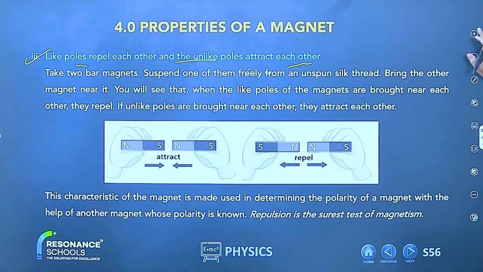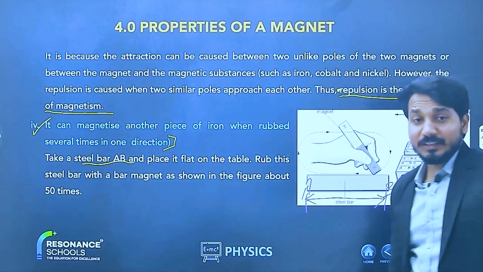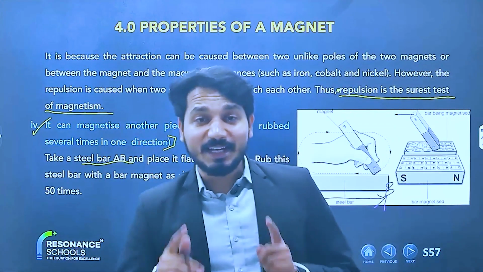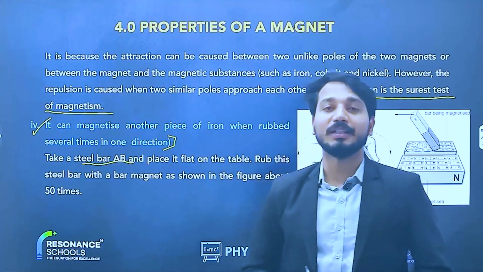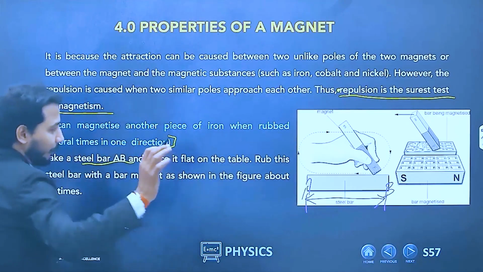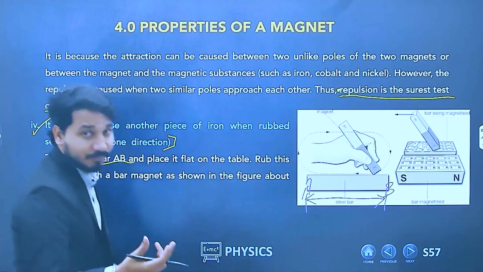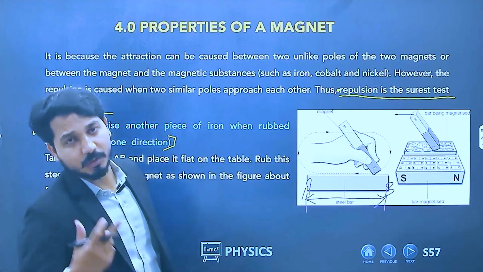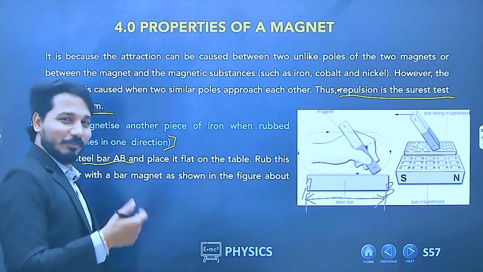So, the fourth property: it can magnetize another piece of iron when rubbed several times in one direction. Listen to the meaning of this. If you are taking a magnetic material, iron, nickel, cobalt, right? So the magic of a magnet.